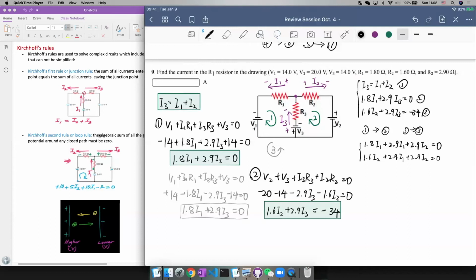Now we already cancel out I3, right? So now simplify it further. We have 4.7.